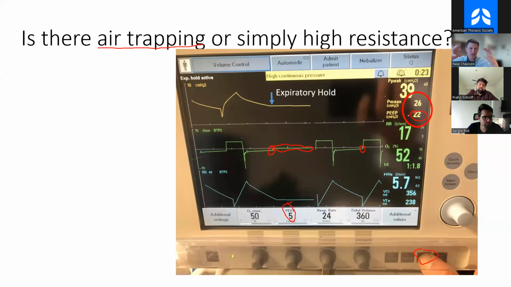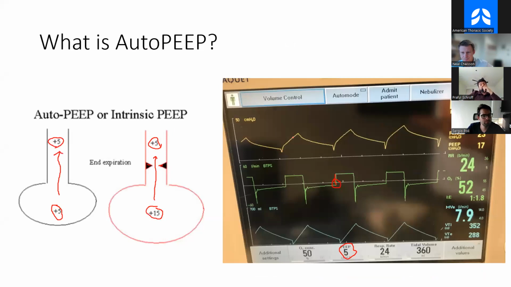So that means that their lung is still pretty inflated. And they've got dynamic hyperinflation, which means that they haven't fully exhaled their breath. And this auto-PEEP will continue until the patient either codes, develops a pneumothorax, or you figure it out.